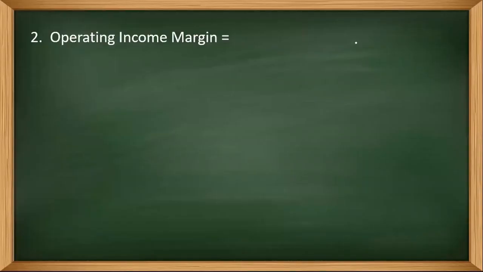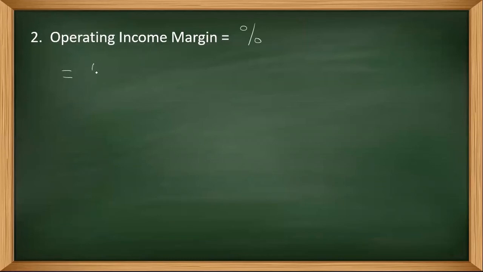Let us now solve the second ratio, which is the operating income margin. The operating income margin is also expressed in percentage. So what will be the formula for operating income margin?